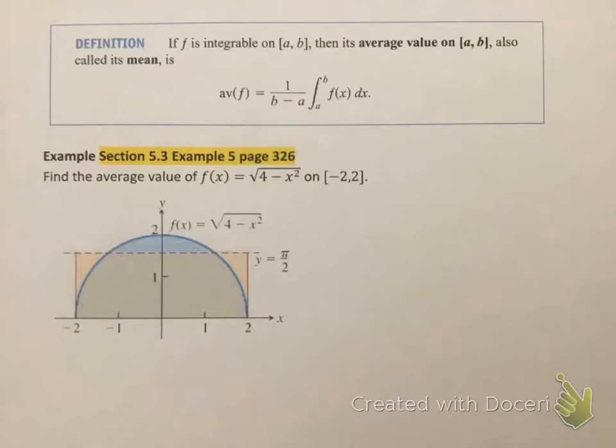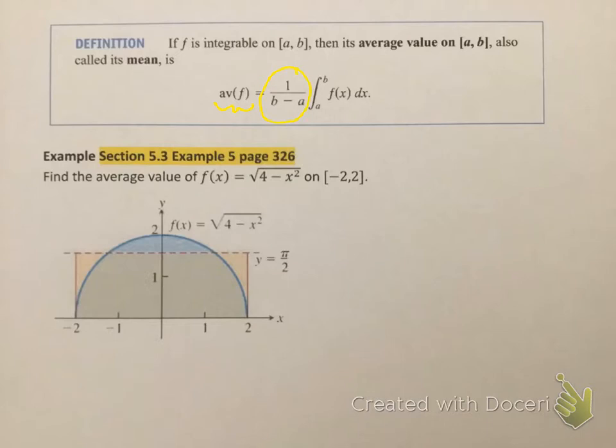If a function is integrable, able to be integrated, on some interval from a to b, then its average value on that interval a to b, also called its mean, is. This stands for average value right here. This is what I am dividing by.